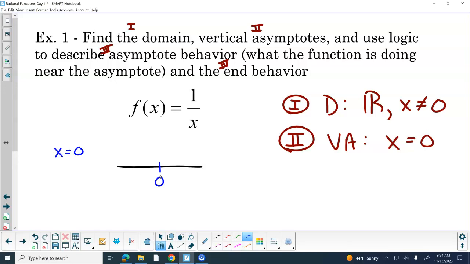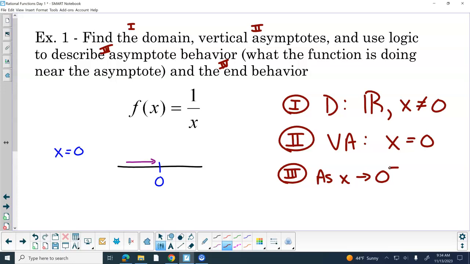Okay? So as I get closer and closer to 0 from the left side, that would read as x approaches 0 from the left. That's what we're talking about here. You can't just say approaches 0 because it's going to be different on either side.